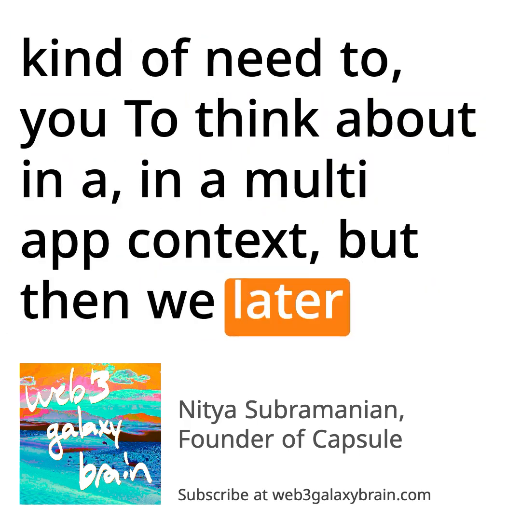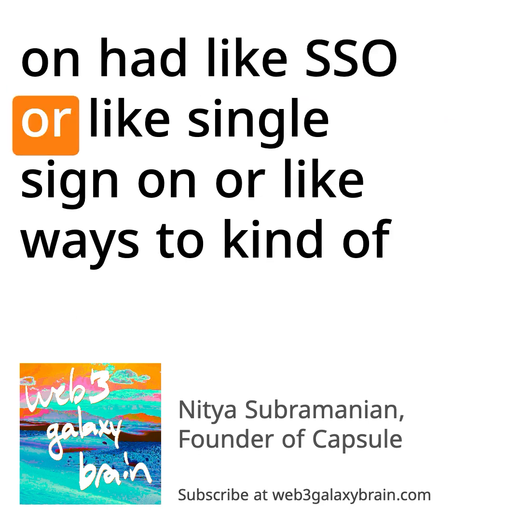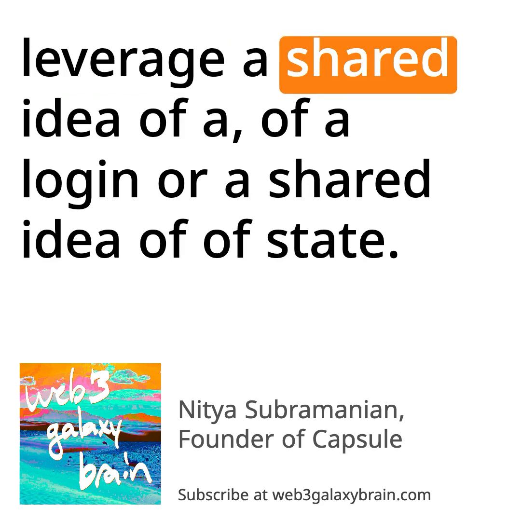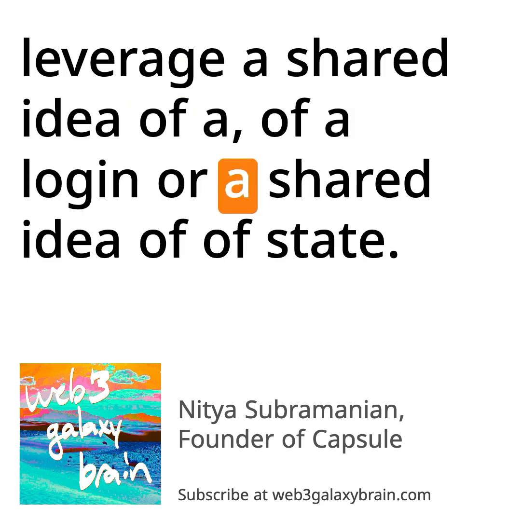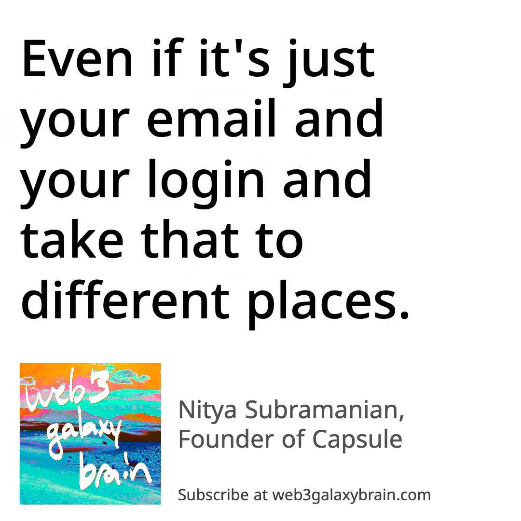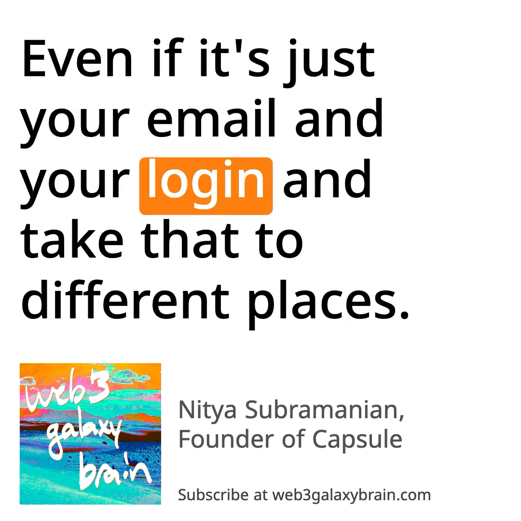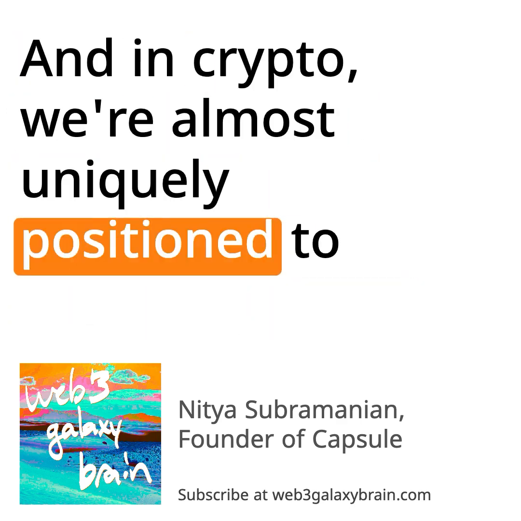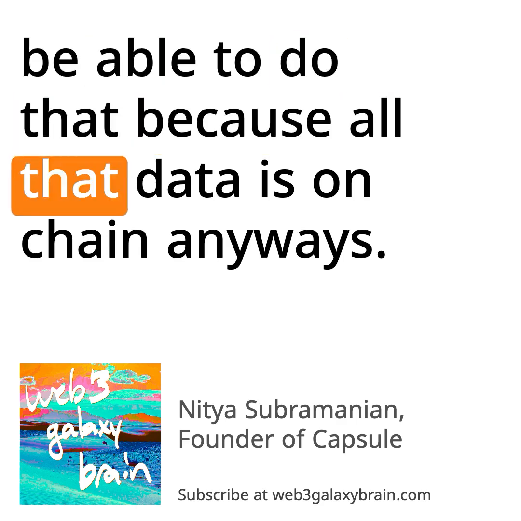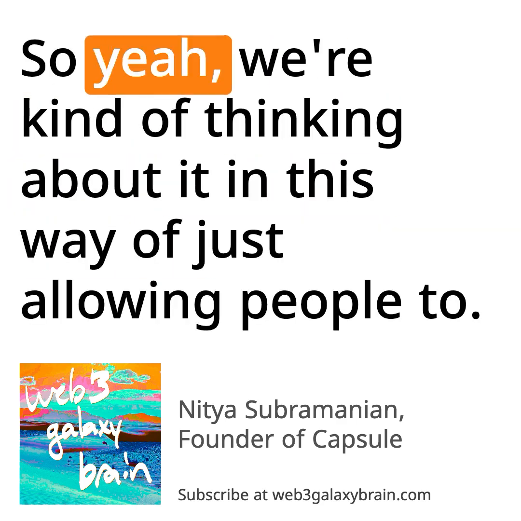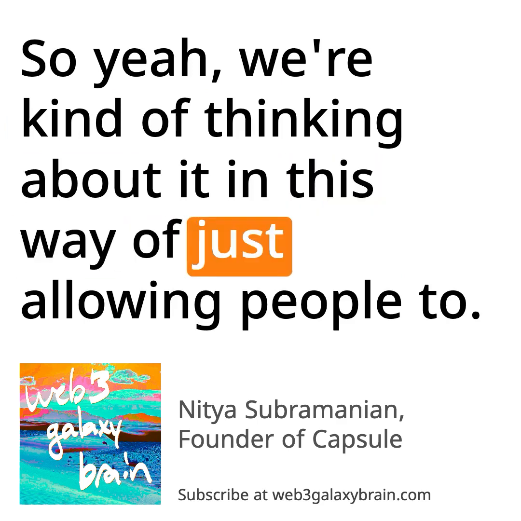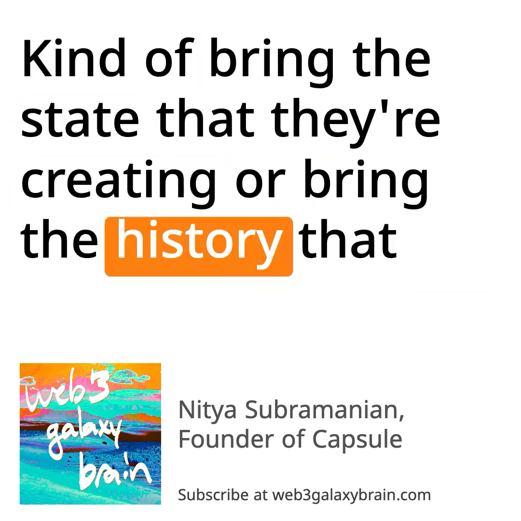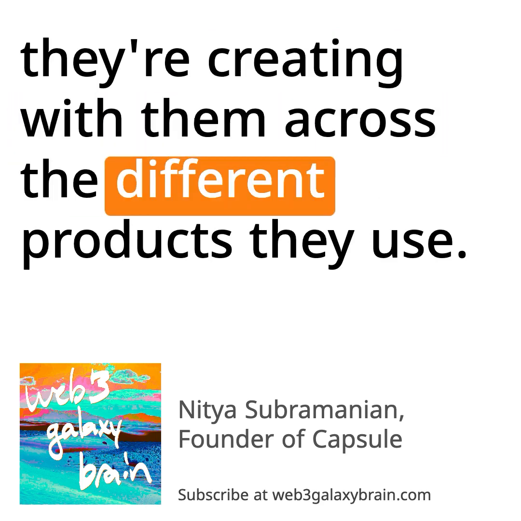But later we had SSO, single sign-on, ways to leverage a shared idea of a login or of state, even if it's just your email, and take that to different places. In crypto, we're almost uniquely positioned to do that because all that data is on chain anyway. So we're thinking about allowing people to bring the state and the history they're creating with them across the different products they use.